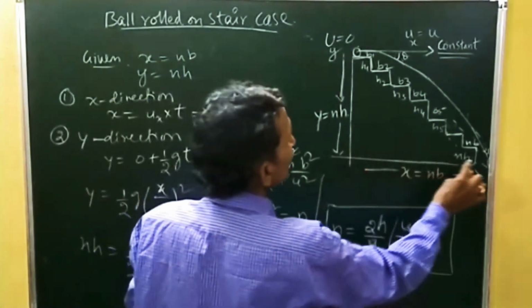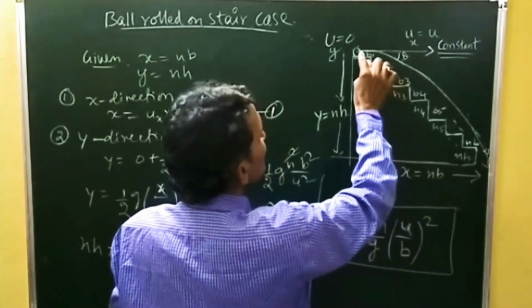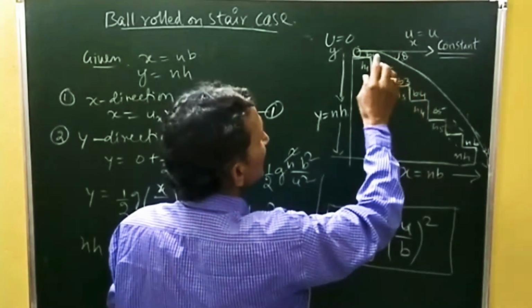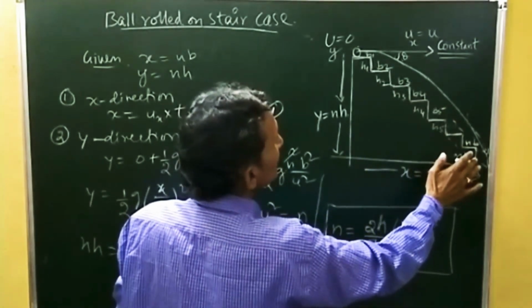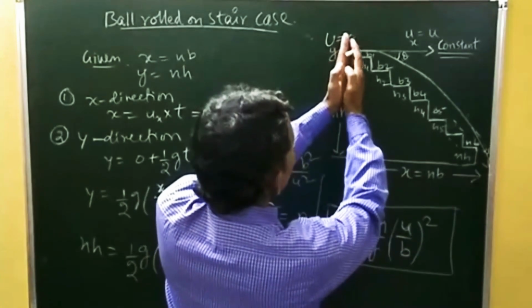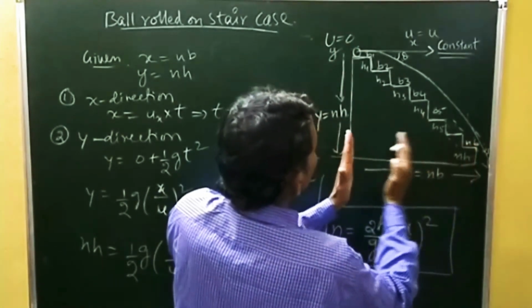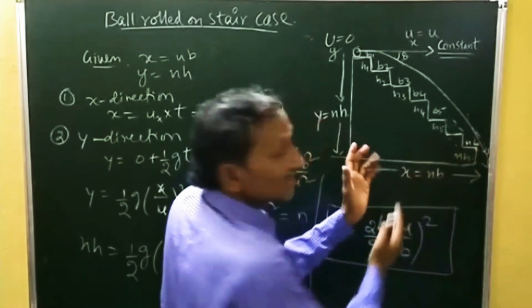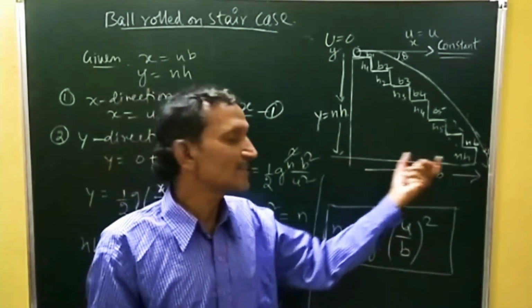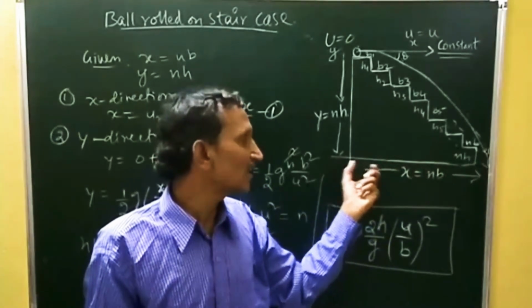In the horizontal direction, from the first base area, second, third, up to the nth base area, the total distance is the horizontal range, taken along the x-axis.